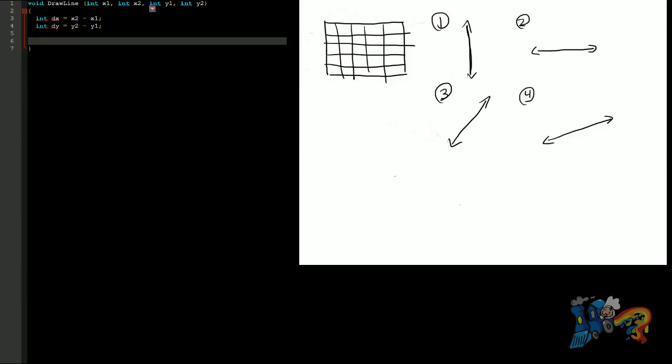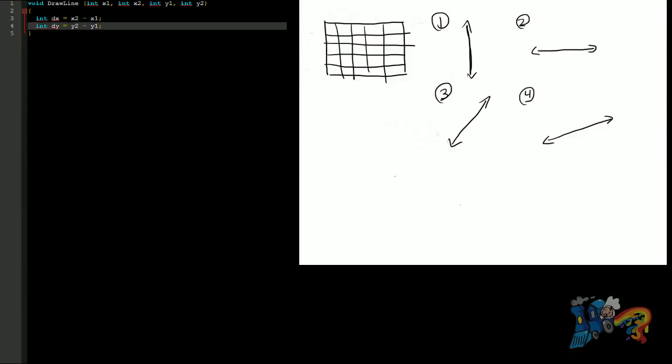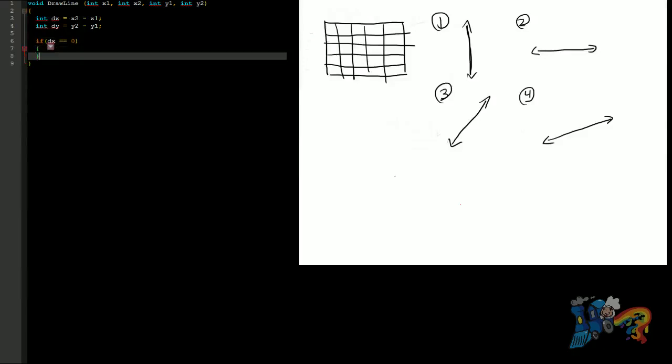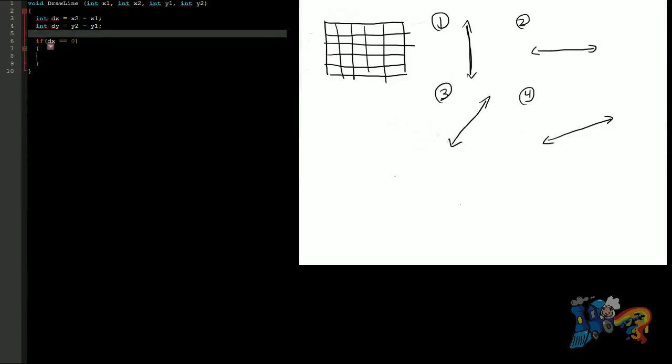So looking at this, now that we know our change in y and our change in x, we know that any vertical line is going to have a change in x, a delta x of 0, because the x value doesn't change. So that's how we set that up. If our dx is 0, then we have a vertical line.